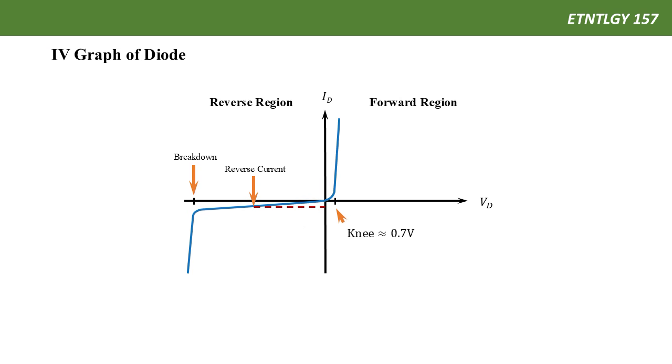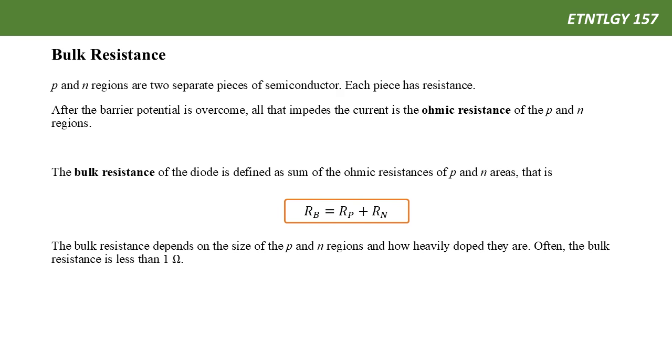Now let's put all the pieces together with the key terms. P and N regions are the two separate pieces of semiconductor. Each piece has resistance. After the barrier potential is overcome, all that impedes the current is the ohmic resistance of the P and the N regions.